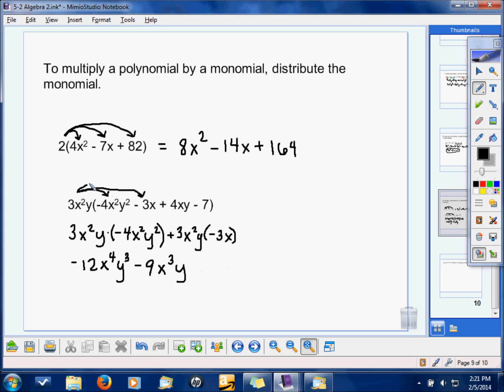Now we need to multiply this one across. So plus 3x squared y times 4xy.